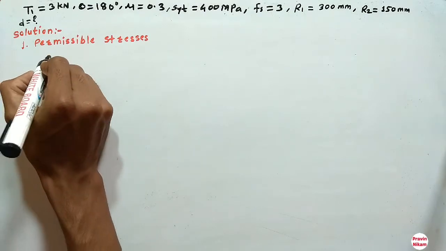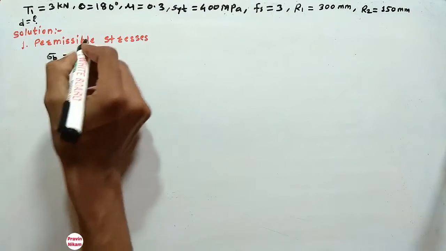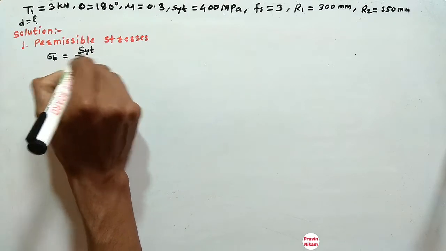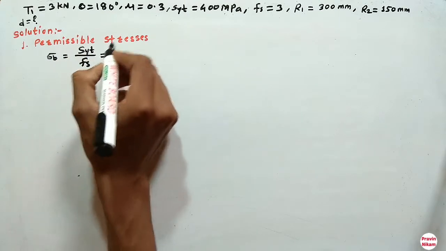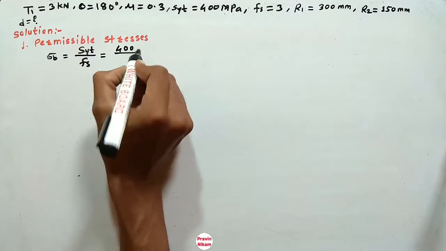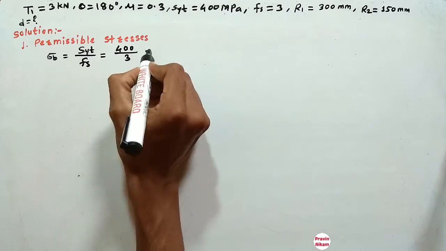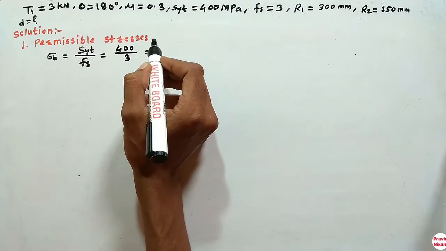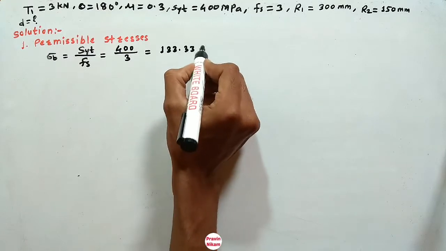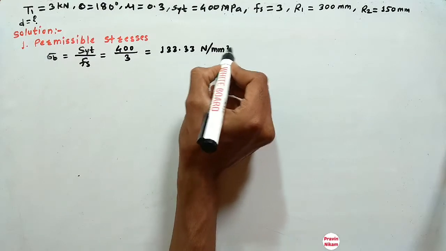Now we require sigma b or sigma t, which is equal to SYT divided by factor of safety. SYT is 400 megapascal, divided by the factor of safety 3, so this value becomes 133.33 Newton per mm square.